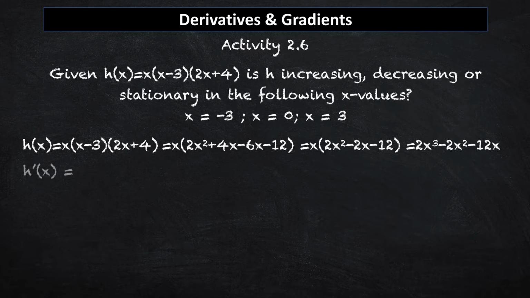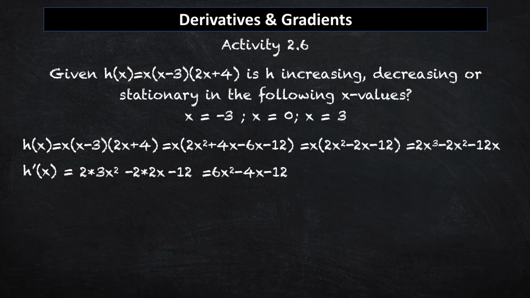Now we compute its derivative, and the derivative becomes 2 that multiplies 3x to the power of 2 minus 2 that multiplies 2x minus 12, which is 6x to the power of 2 minus 4x minus 12. This is the general derivative of the function h.